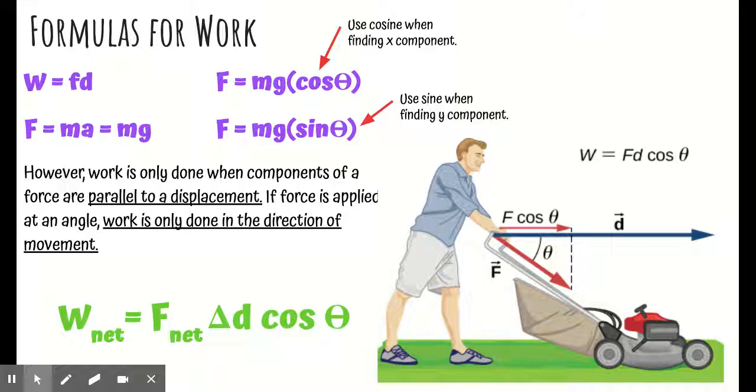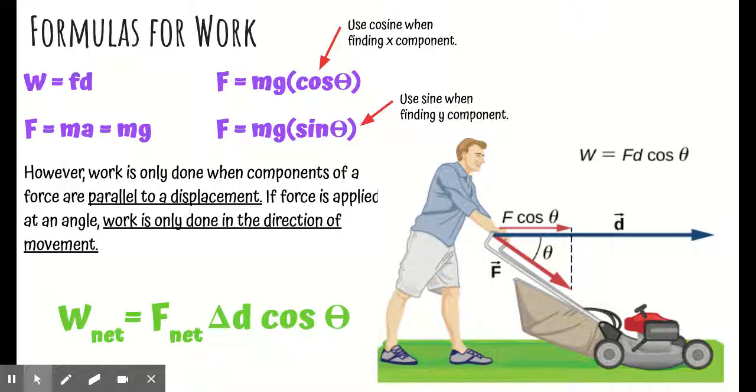We're still not getting rid of these other force formulas. So we still know that force is equal to mass times acceleration, or mass times gravity. And we've also used these trig functions before to solve the forces when angles are involved. Because work is only done when components of a force are parallel to displacement, if a force is applied at an angle, work is only done in the direction of movement.